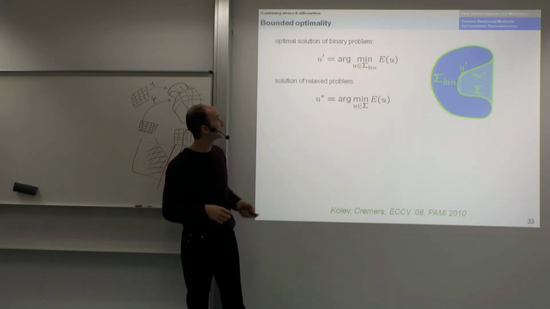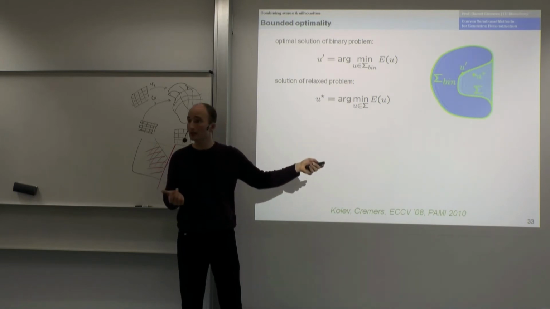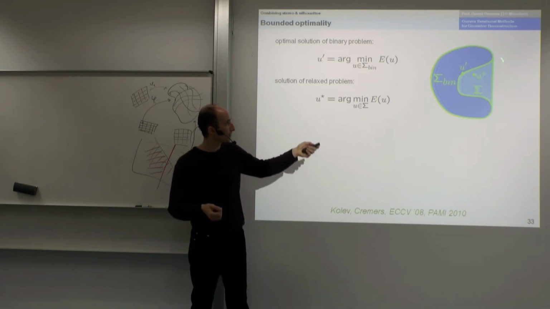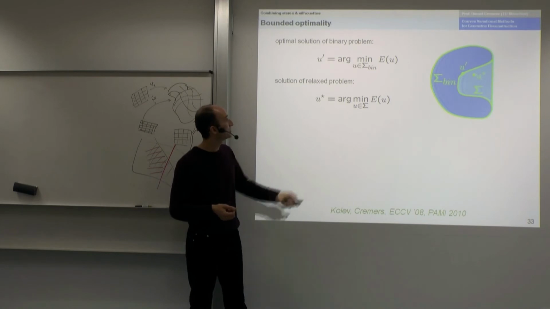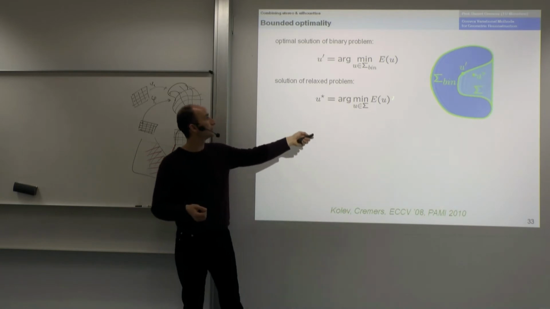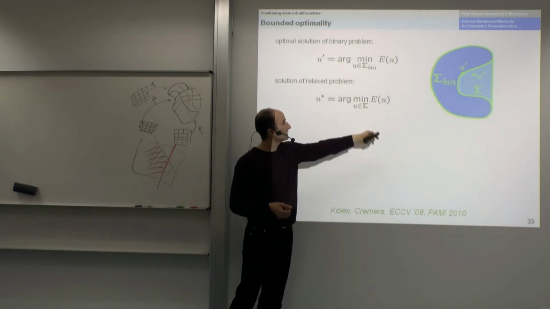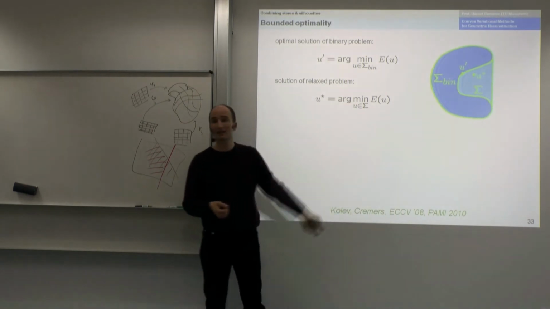We then do a relaxation, meaning we enlarge our set, allowing real values, not just binary, and so we generate the convex hull of our domain. And then we solve the problem in that convex hull. So this would be U star, the minimizer of the relaxed problem.